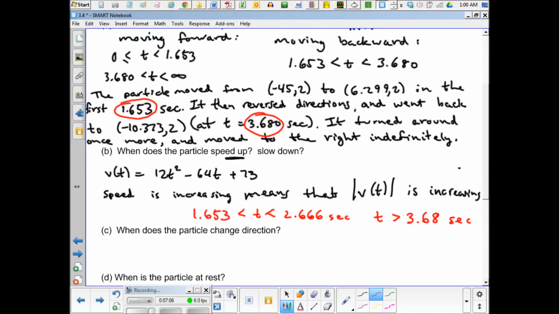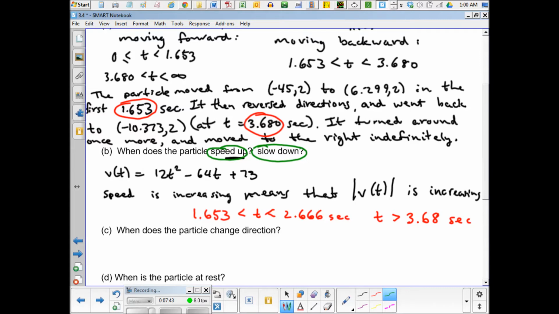Okay, so maybe this is not what you expected. Now, I will admit something. The phrasing here, speeding up and slowing down, could come across as confusing. For something to speed up, you would think the velocity would be increasing. But actually, it would mean the speed is increasing. We're going to talk more later about how you can always nail this and not mess it up. But the absolute value graph helps a lot to see that.